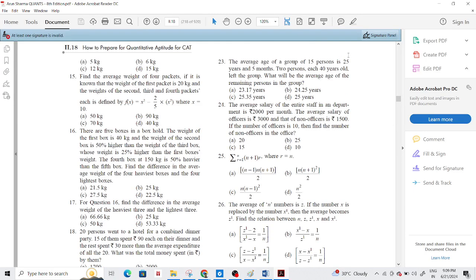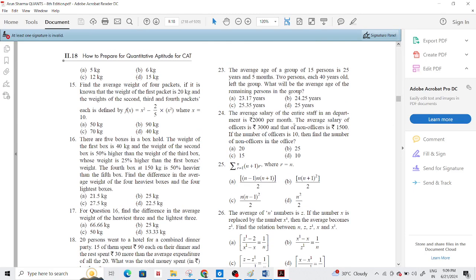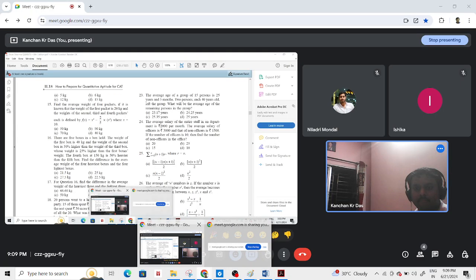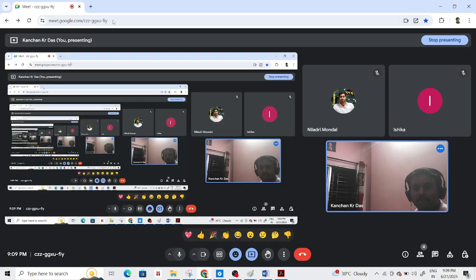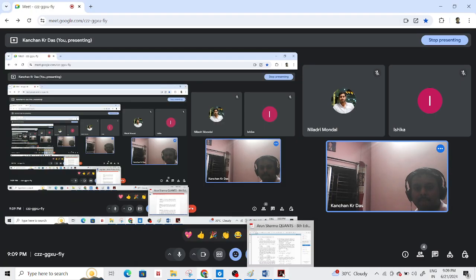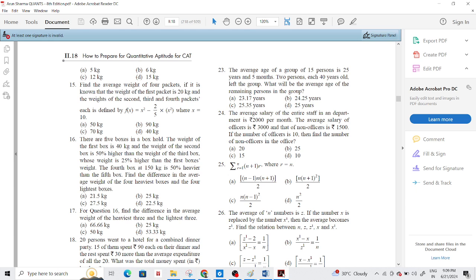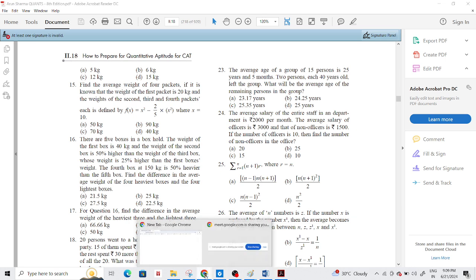Okay, please do number 15. Number 15. Can you see the screen? Wait, I'm sending it on WhatsApp.